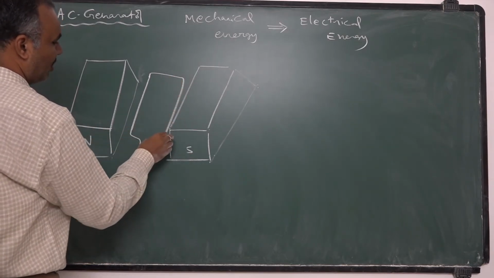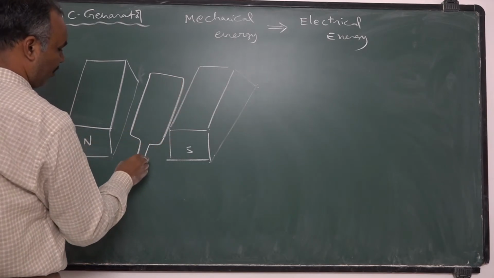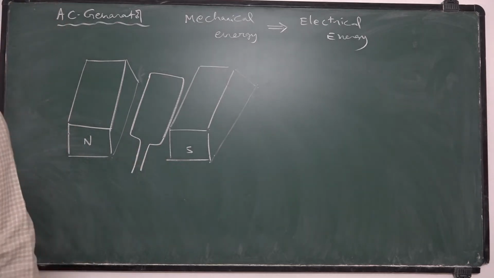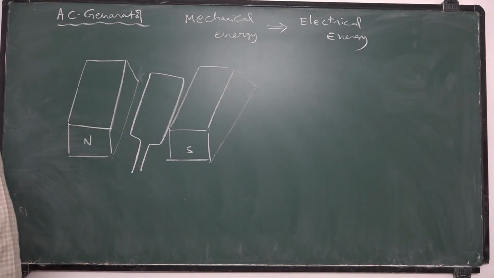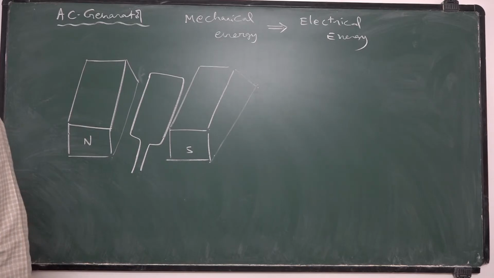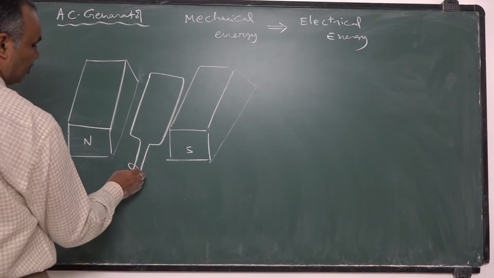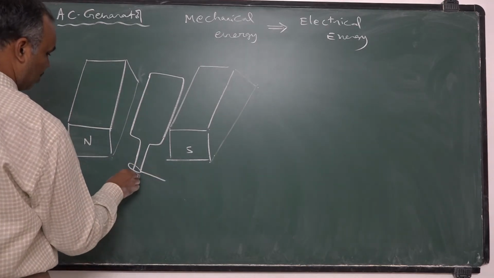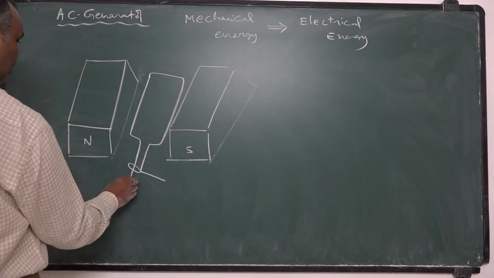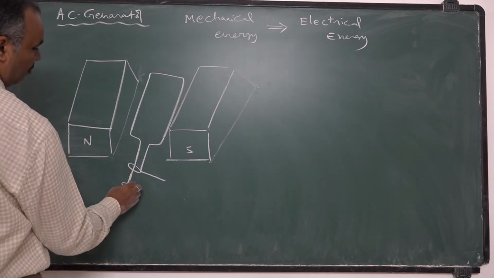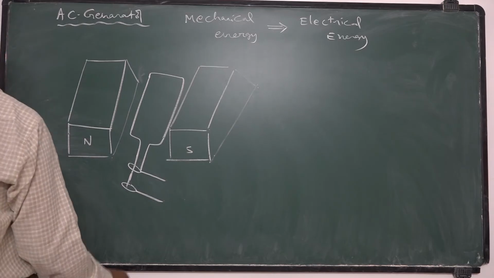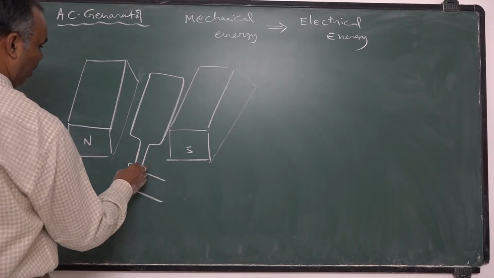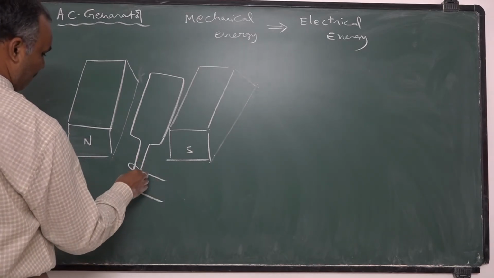This rectangular coil is attached to a metal shaft with the help of carbon brushes or rings like this. This is one slip ring. This is attached to another slip ring. And there is a metal shaft.